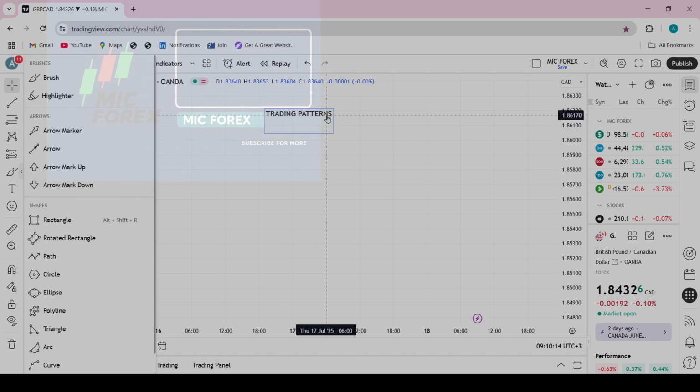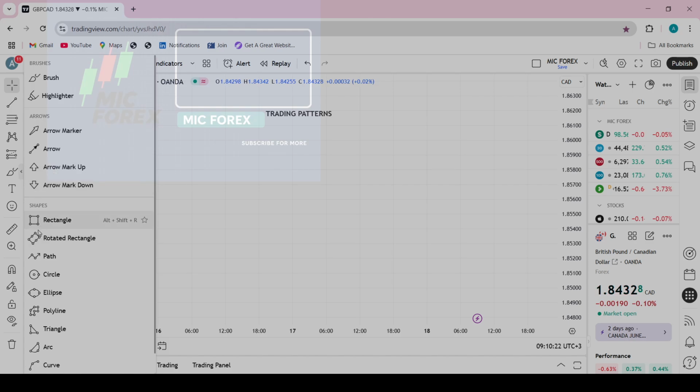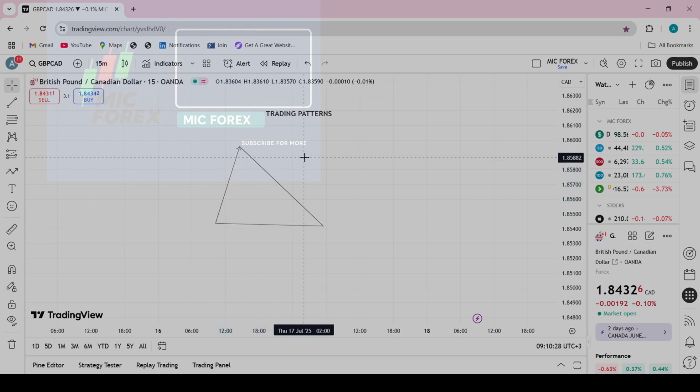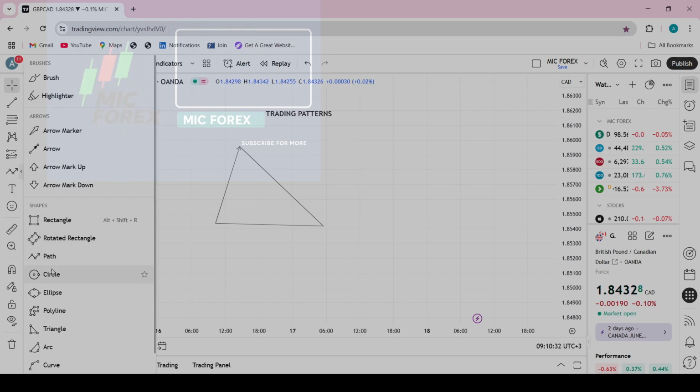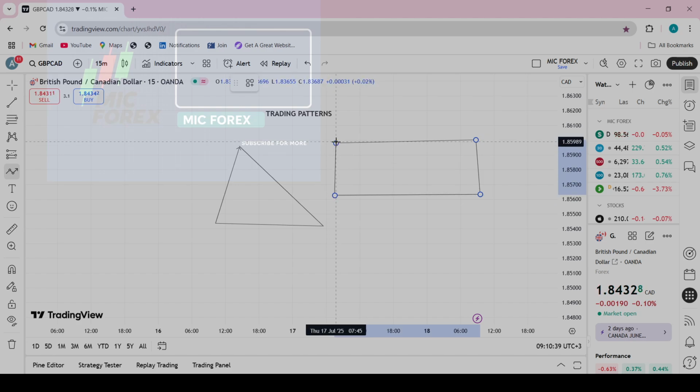This pattern that we're talking about here is the formation of a particular object. The price action moves in a way that forms an object. Like, for example, we know this one is a triangle. We also know that this one is a rectangle. So these are objects, but in Forex, we call them patterns.